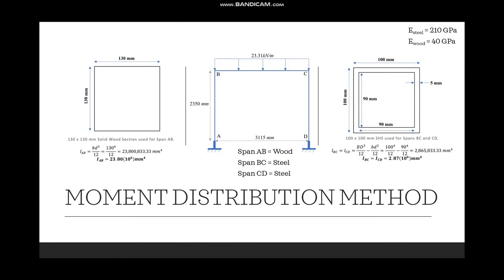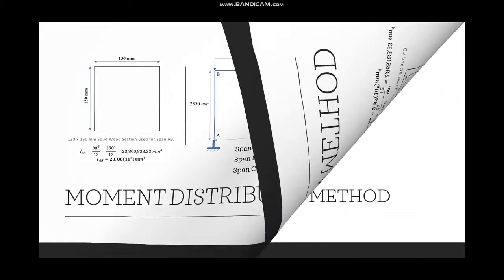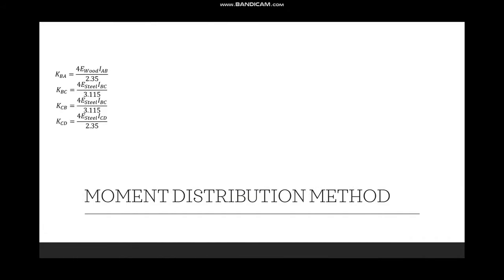And what's worth noting here is that the steel has a much higher E value and a lower I value, whereas the wood has a higher I value but a lower E value, which makes it interesting, which means that the EI values together are quite similar in magnitude.